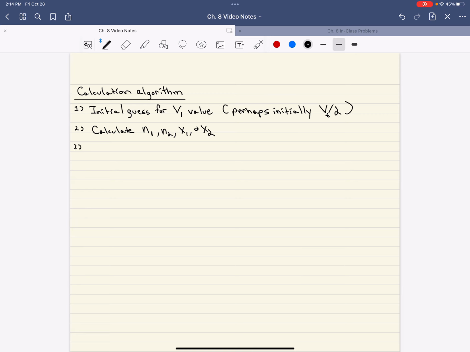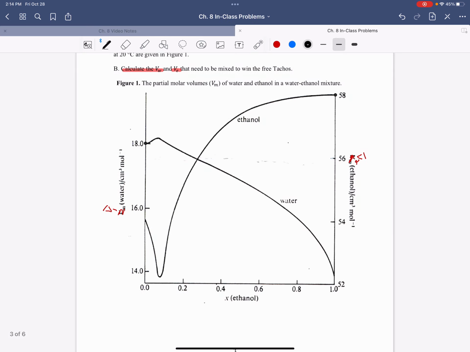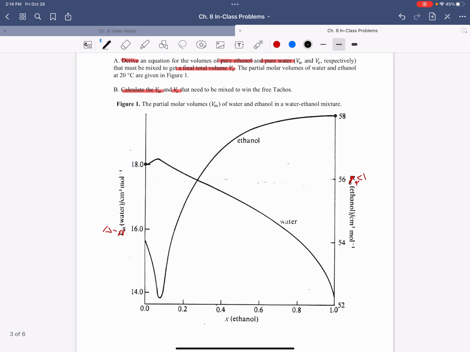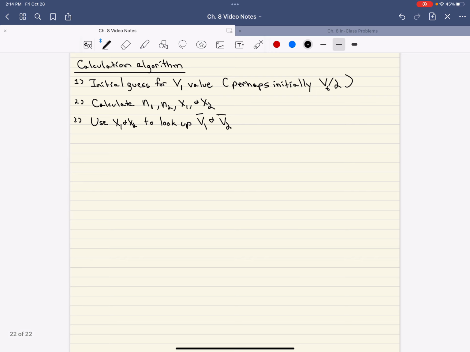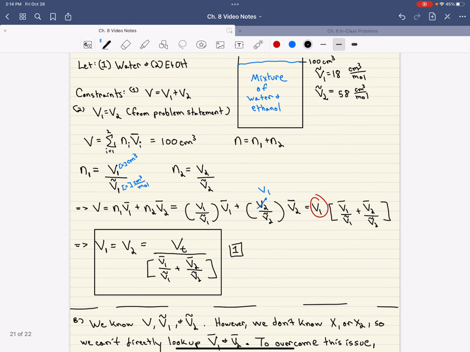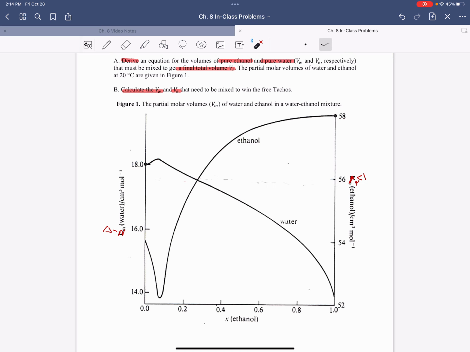And then once we have guesses for X1 and X2, we'll use our X1 and X2 values to help us look up values of V1 bar and V2 bar from this plot. Once we have V1 bar and V2 bar values, we could then return to our calculation here and then calculate a V1 value.